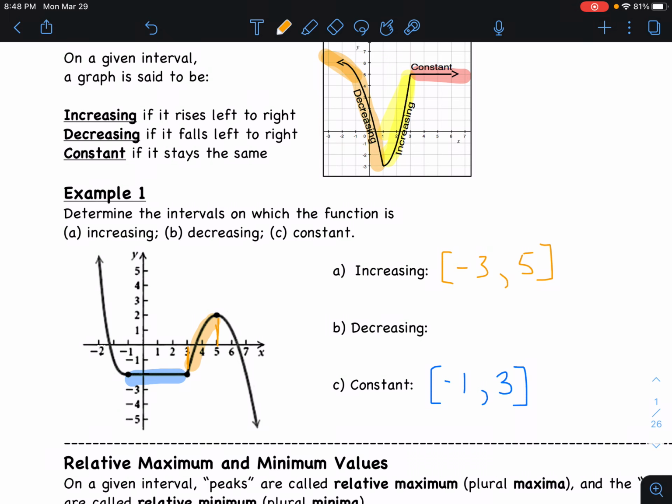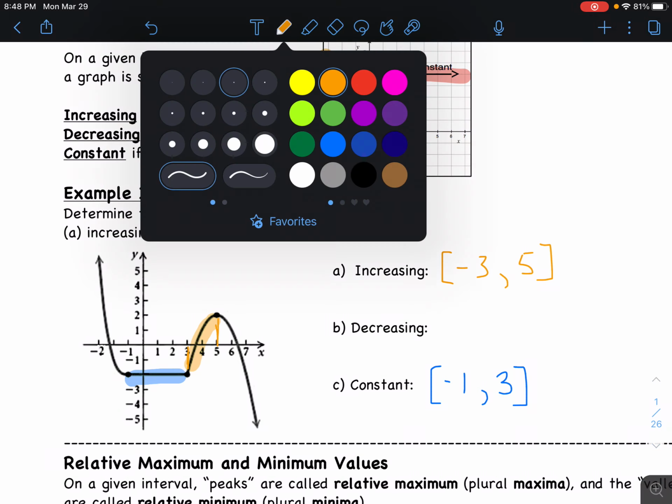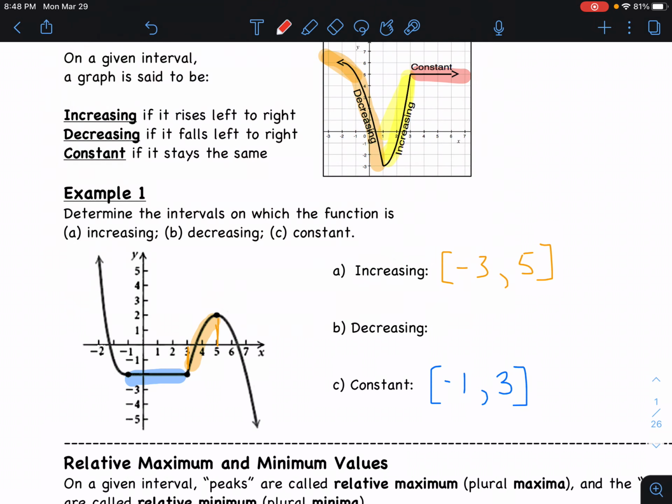Then the other two parts are actually decreasing. So I'll go, okay, I got a decreasing here. It drops, it falls from left to right. Now, the arrow here, the left x value, is actually going to be -infinity. Because of that arrow, it does go to the left forever, and then it goes up to -1.